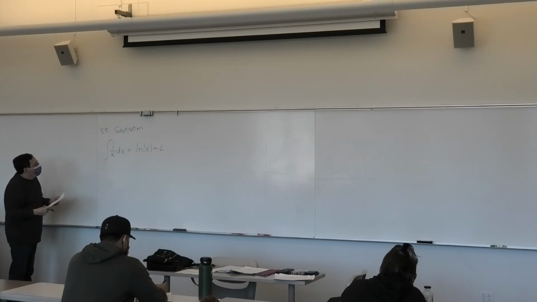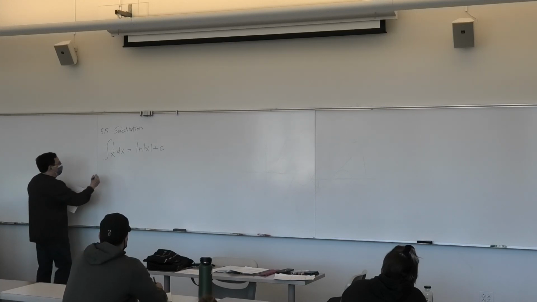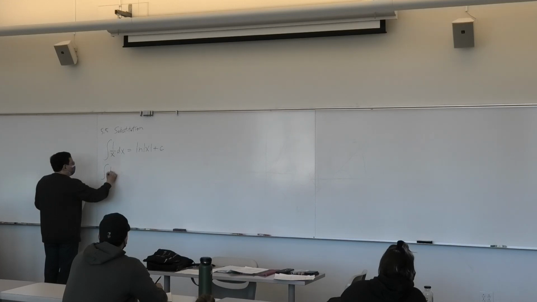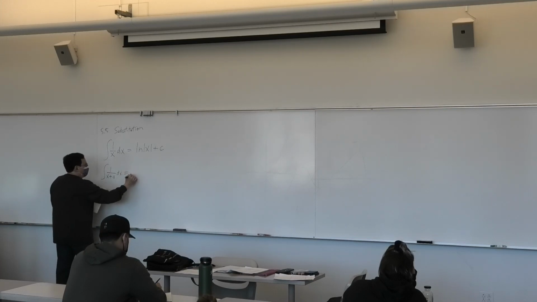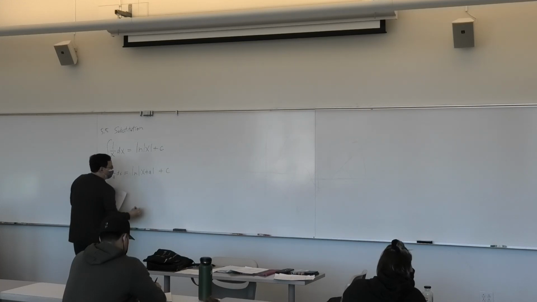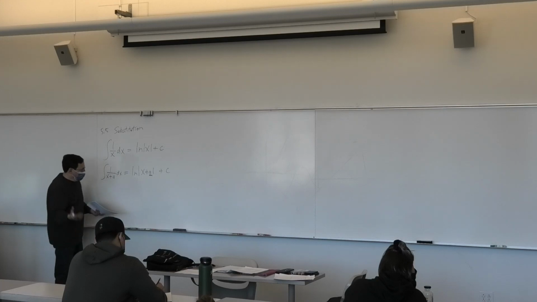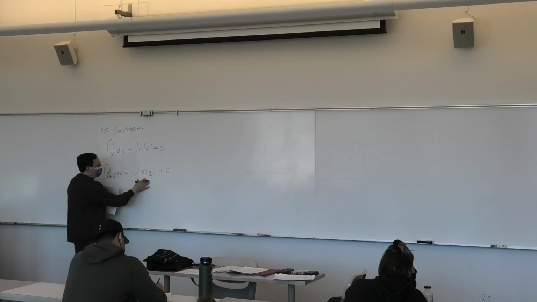Now, we can do a little with this real simply. You can say, well, wait a minute, the integral of 1 over x plus some constant a is the log of the absolute value of x plus a plus some constant. Now, why can I get away with that? Well, let's do it in reverse. Let's find the derivative.